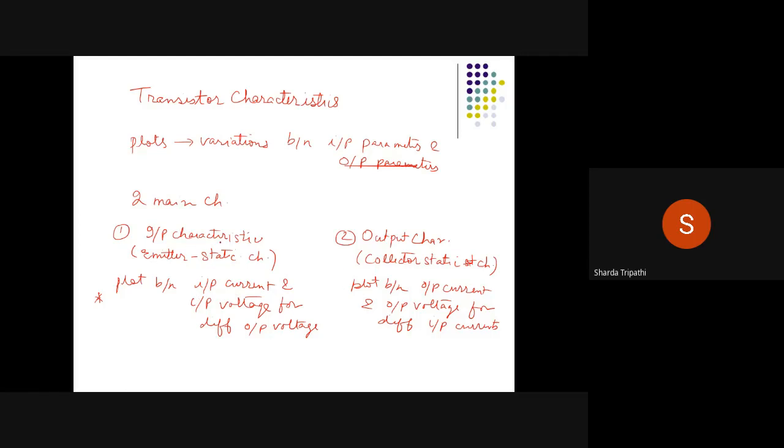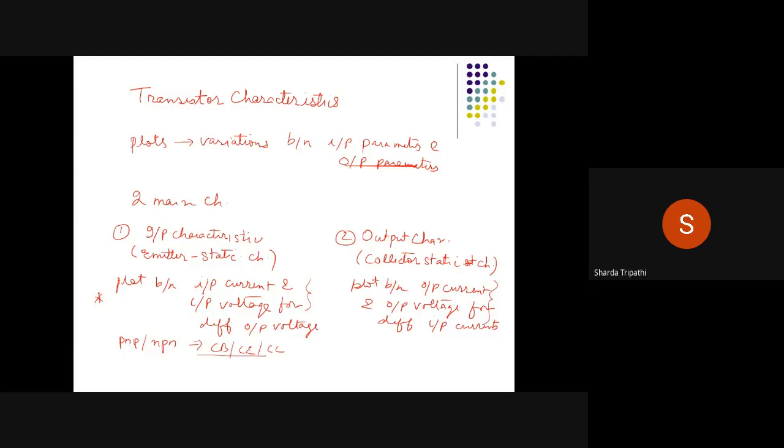Let us first see the input characteristics. So what do I mean when I say that this definition is general? That means irrespective of whether the transistor is a PNP transistor or it is an NPN transistor, or it is connected in a common base configuration, or common emitter configuration or common collector configuration, whatever it be, irrespective of all these factors, this definition will remain the same.